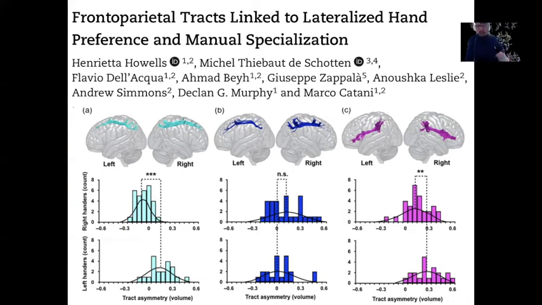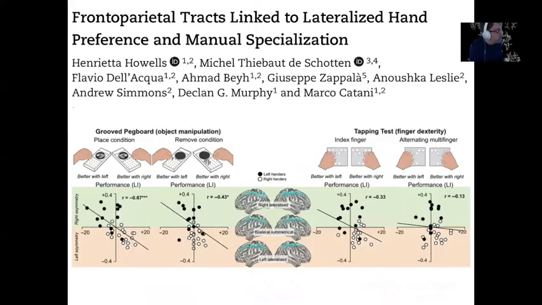And the way she wanted to assess it was to go beyond just asking participants questions, like what is your favorite hand? She wanted to have a dimensional approach to it. So we bought the Grooved Pegboard and used it to estimate how fast people are at manipulating small pins that they have to put inside this box as fast as possible with their right hand and with their left hand.